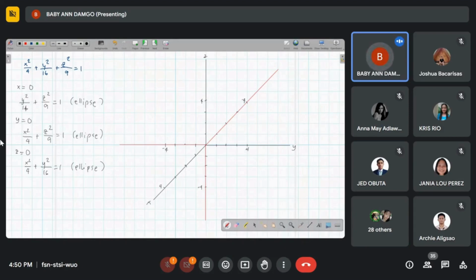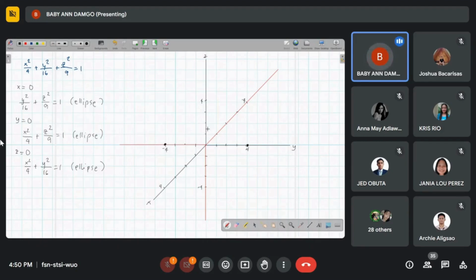So, our y is 4 units because 4 squared is 16. From the origin, we have 1, 2, 3, 4. So, we have this point. And then 4 units to the left, 1, 2, 3, 4. Next is z. Our z is 3 because the denominator is 9, so we can write this as 3 squared.